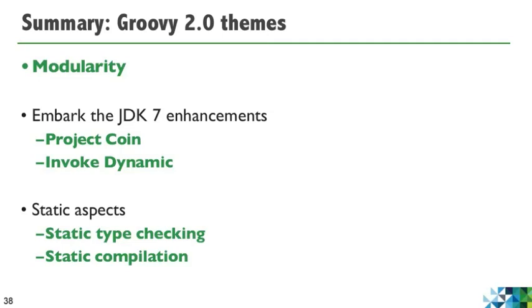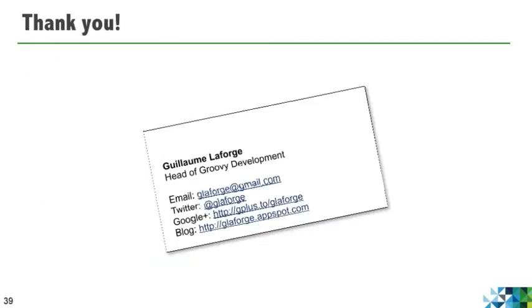And next and last, the static aspects with the static type checker to get the same kind of feedback as the javac compiler and beyond. And also static compilation to get performance improvements and almost the same level of performance as with the javac compiler.